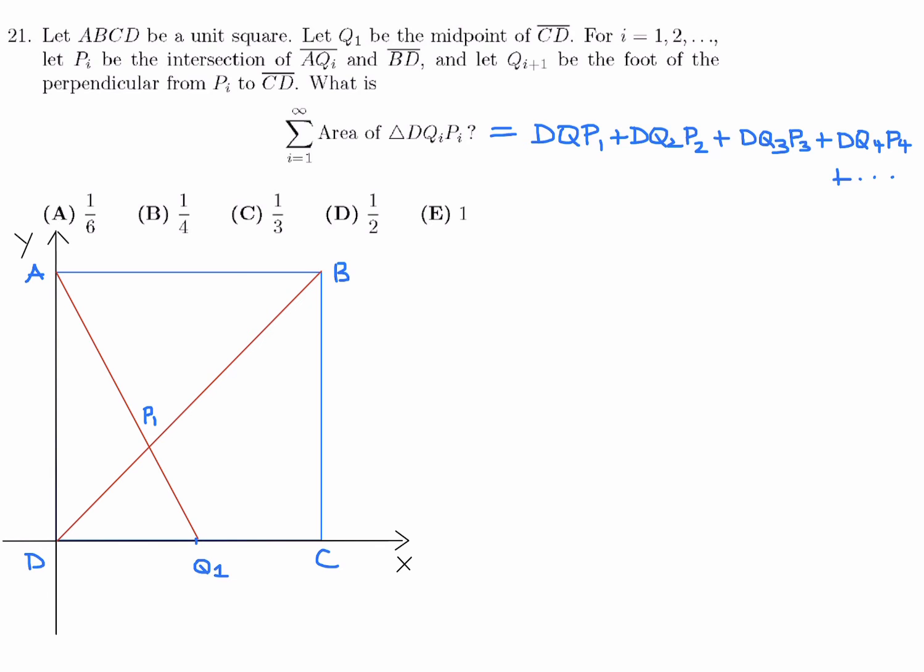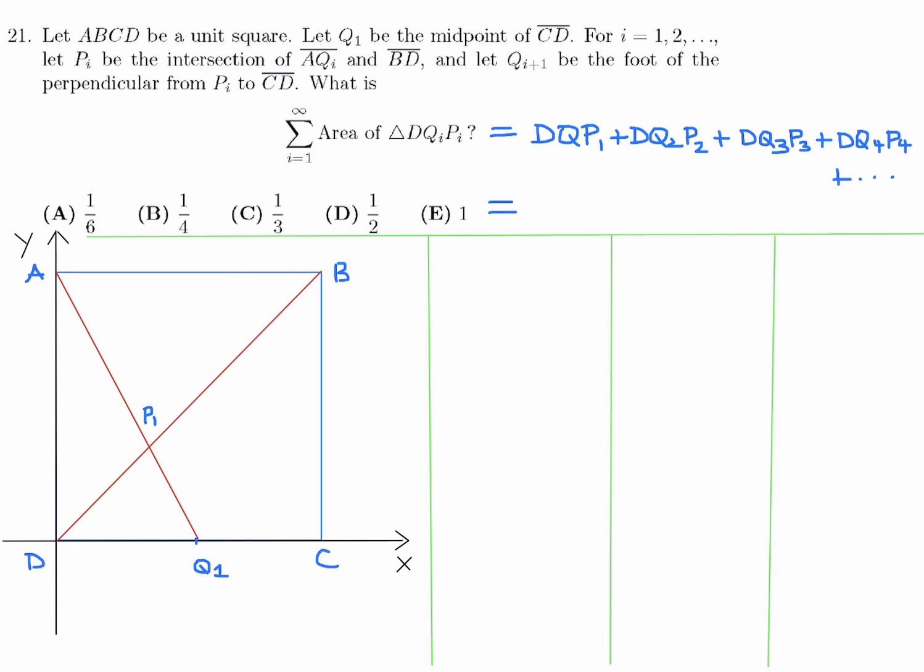So how are we going to approach this question? Well, I put it on a coordinate axis for a reason, because we will use these coordinates to figure out my first area, D Q1 P1. I obviously have to deal with this triangle right here. And what I'm going to do is drop a perpendicular from P1 down to the bottom like this.